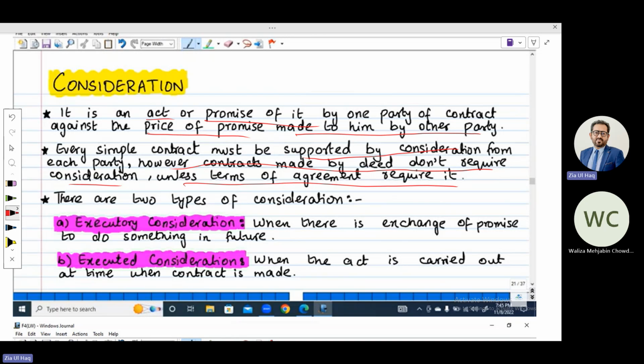Executory is a promise to give something in the future, and executed is when you are currently giving something, when the act is carried out at the time the contract is made. When there is an exchange of promises to do something in future, that is called executory consideration. So consideration could be current, executed, or future, executory.